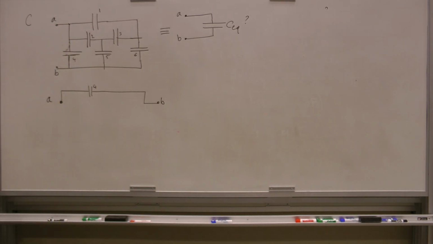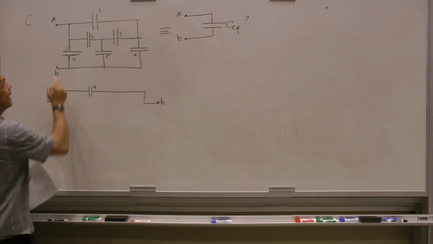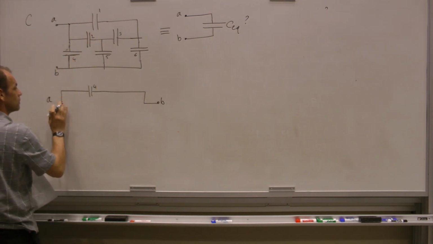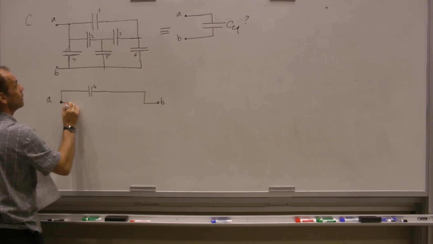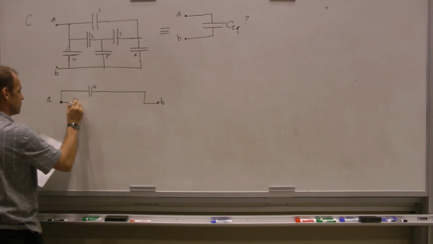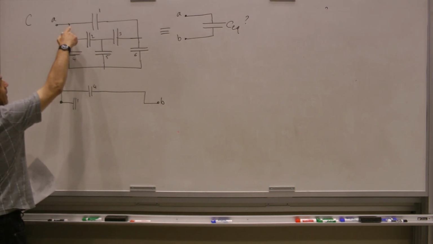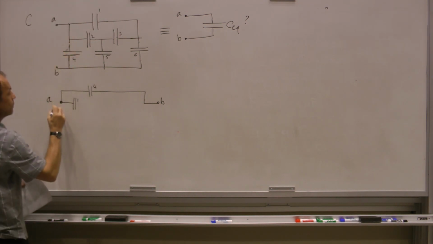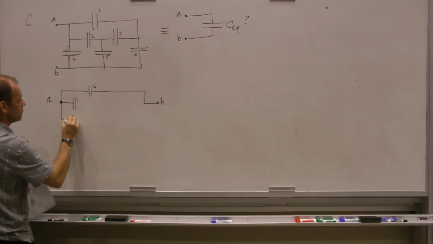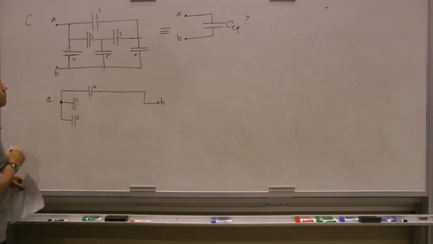Right? Then what do I have? From A, I first encounter capacitor 1. Then capacitor 1 is also in parallel with 2. Capacitor 2. And then what happens?